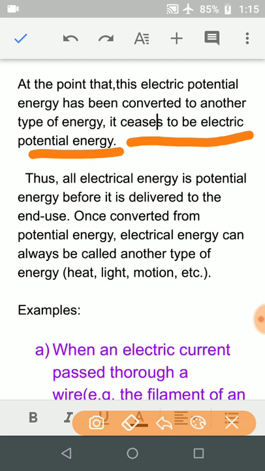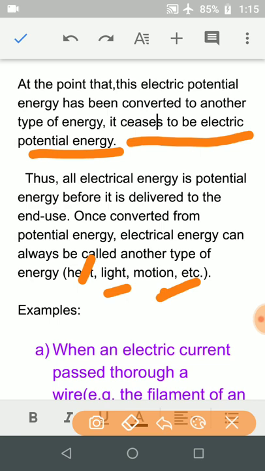Once converted from potential energy, electrical energy can always be called another type of energy, in the form of heat, light, or motion.